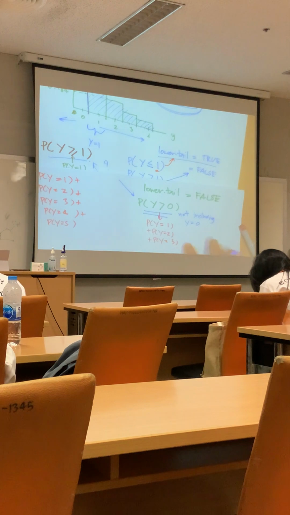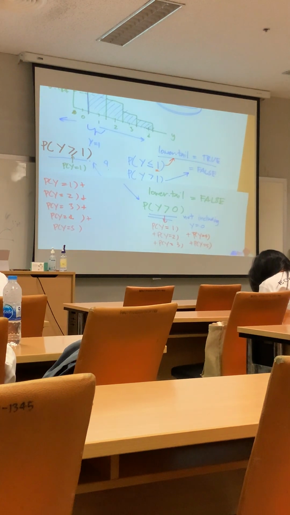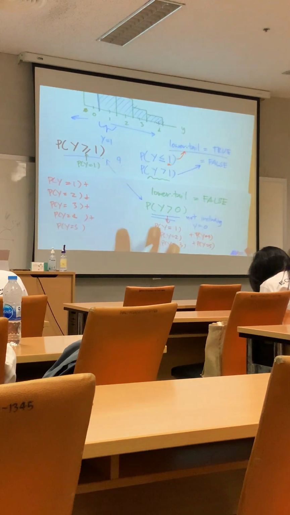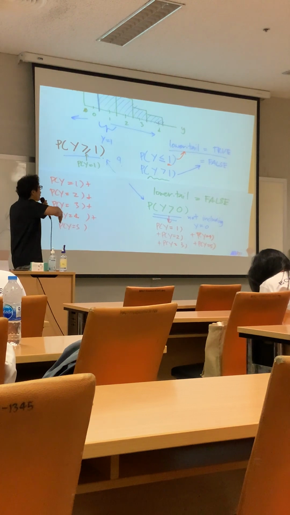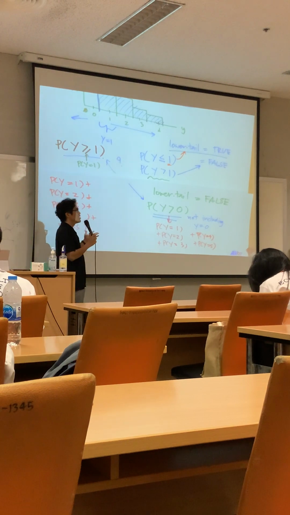Plus the probability of y equal to 4 plus the probability of y equal to 5. So you can see that it's actually the same thing. The probability of y greater or equal to 1 is the same thing as the probability of y greater than 0.